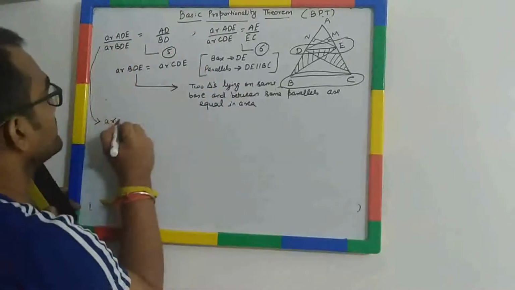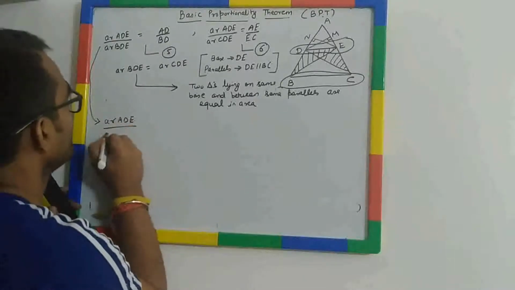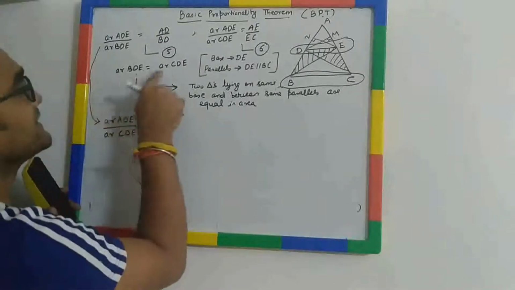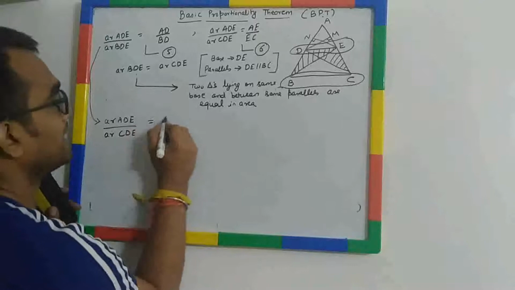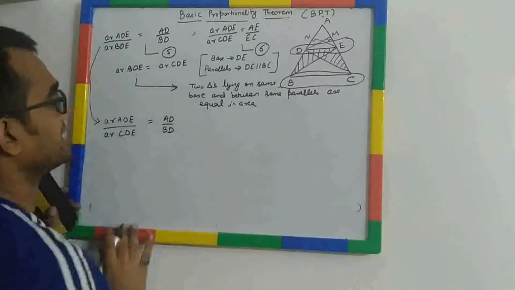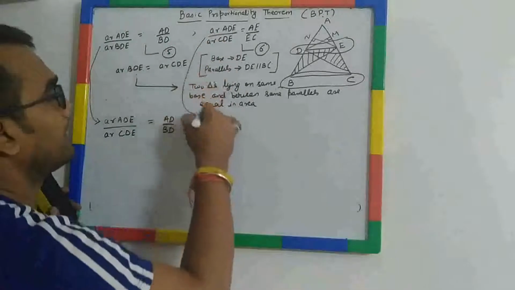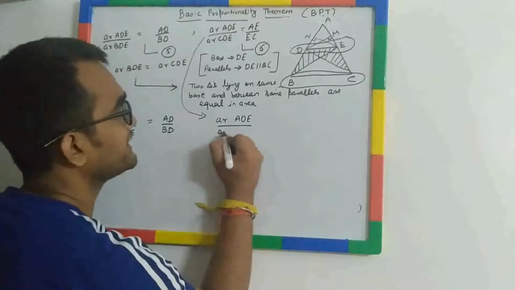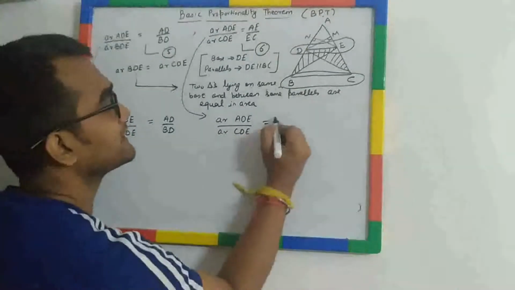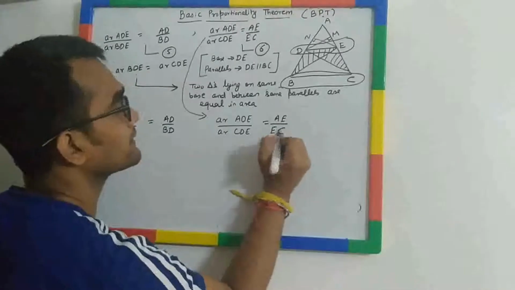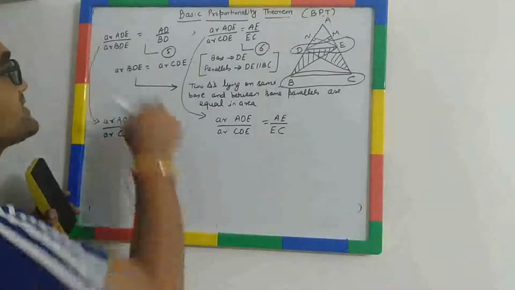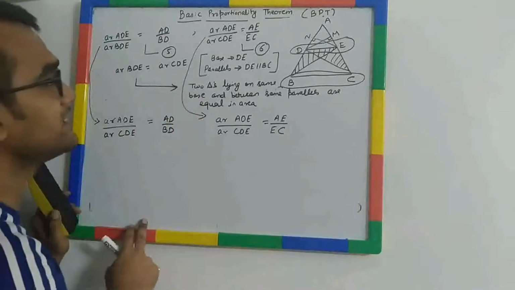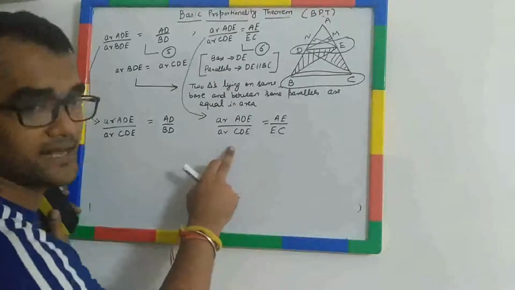Equation 5 will become area of ADE upon area of CDE, because BDE is equal to CDE, and the right hand side will be the same, AD by BD. This equation will remain the same, area of ADE upon area of CDE is equal to AE upon EC. I have changed BDE to CDE because area of BDE was equal to area of CDE, and I have treated equation 6 as the same.